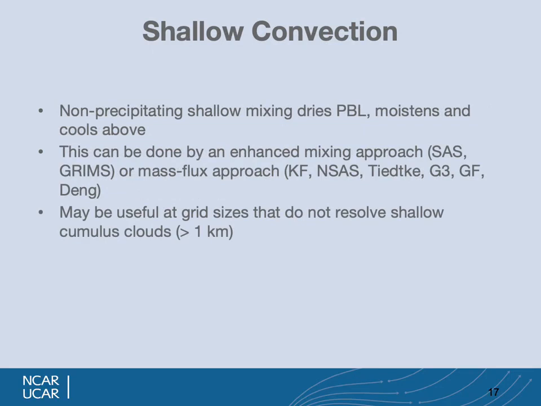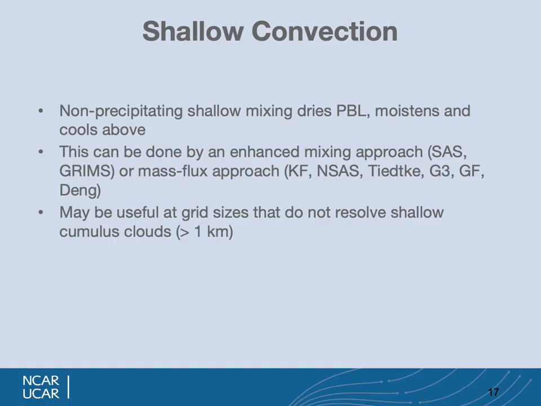So far I've talked about deep convection, but actually we also have to deal with shallow convection in some way. Shallow clouds are distinct in that they're non-precipitating usually. The mixing dries the PBL and moistens and cools above the boundary layer. This can be done by an enhanced mixing approach or a mass flux approach.